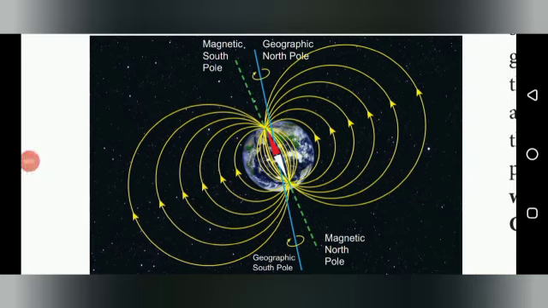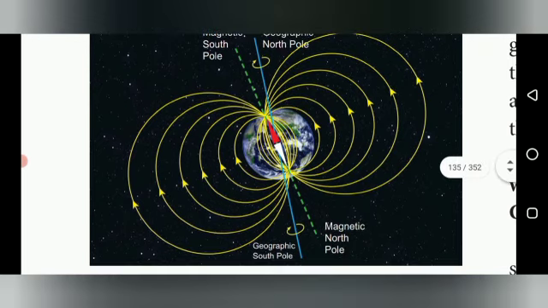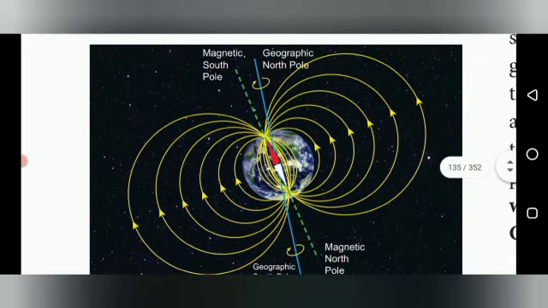In this Earth's magnetic field, there are two lines. One is the geographic north and south pole, and another one is the magnetic north and south pole. The line of the geographic north and south pole creates the original Earth's magnetic field. But here the green dotted line represents what happens when we suspend a bar magnet near the surface of the earth. It is suspended in the north and south direction.